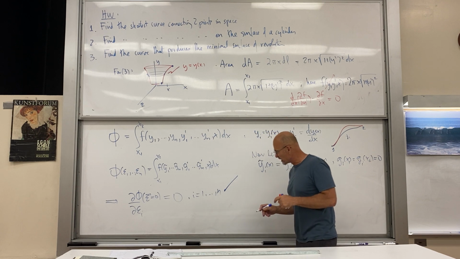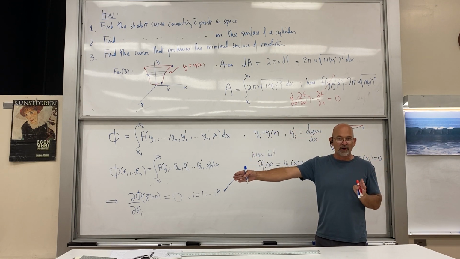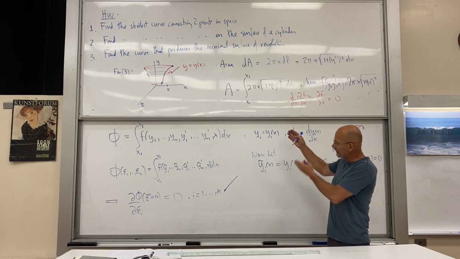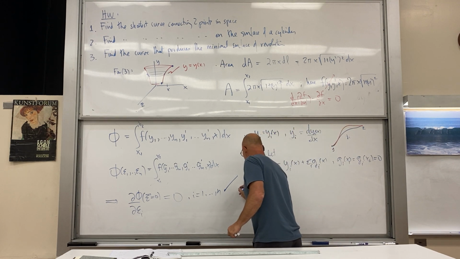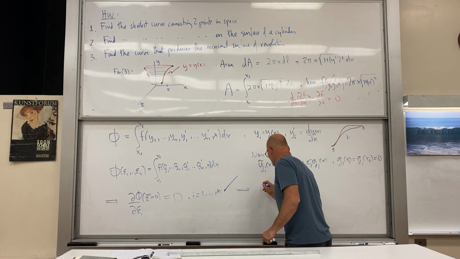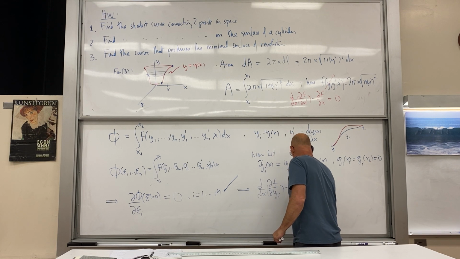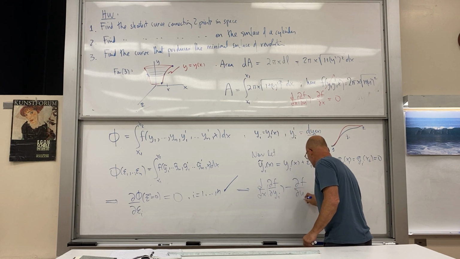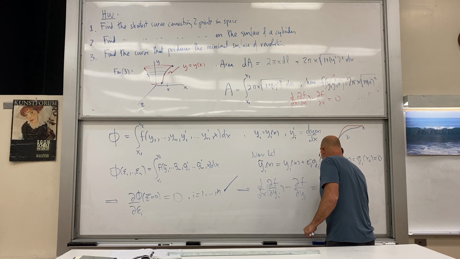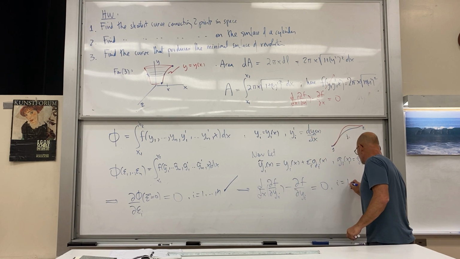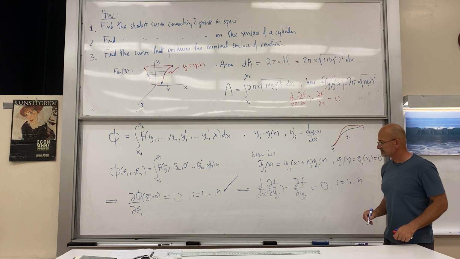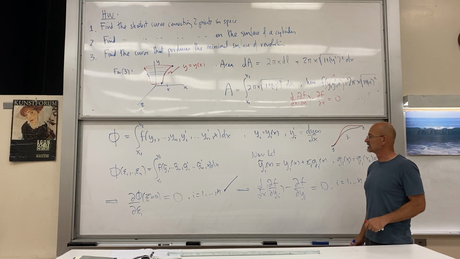We've done the calculation. We're going to get n Euler-Lagrange equations out. So we're going to get the same thing. So what we end up with is d dx of partial f partial y sub I prime minus partial f partial y sub I equals 0, I equals 1 to n. So that's fantastic, right?